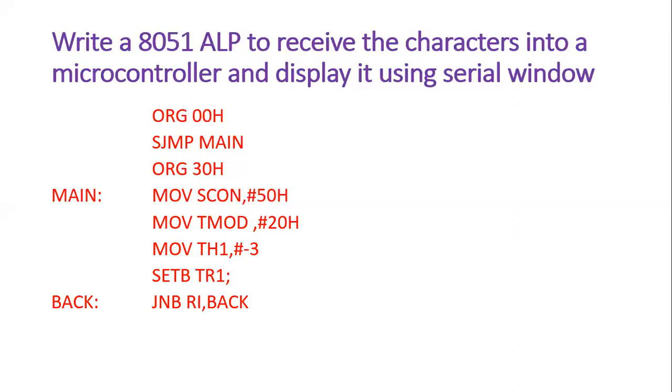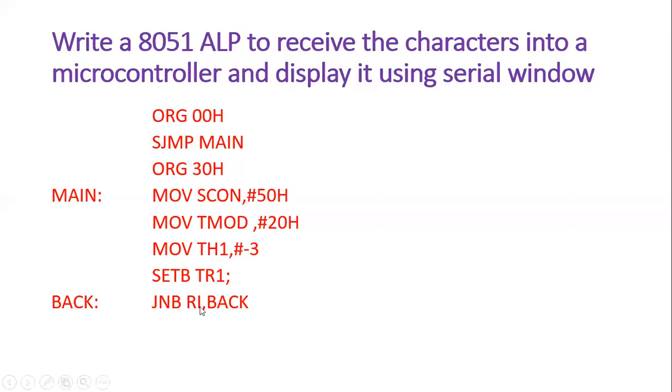Since the bytes are going to be received from the external world, all we are doing is monitoring the RI flag. The RI flag indicates whether the byte has been received or not. Until we receive it, we hold the microcontroller execution at this point, so it will be held here until the flag becomes high.